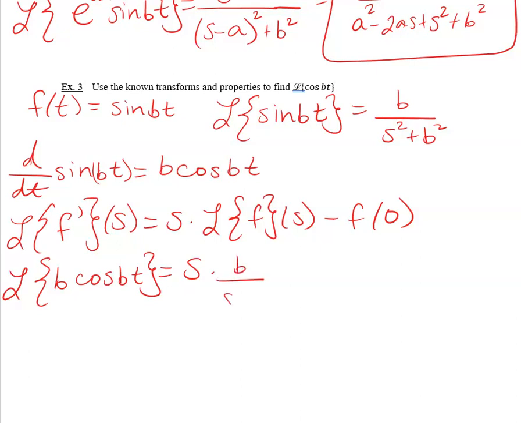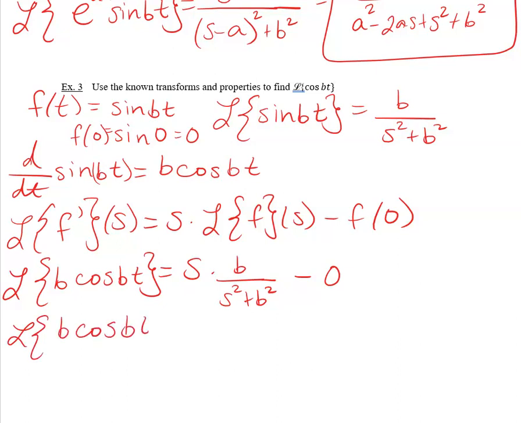That's b over s squared plus b squared minus f of 0, but f of 0 would be sine of 0, right? Sine of 0 would just be 0, so we don't have to worry about that. And so the Laplace transform, then, of b cosine of bt is equal to s times b over s squared plus b squared.